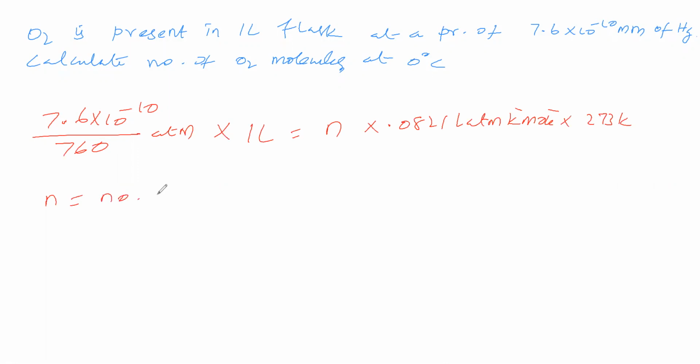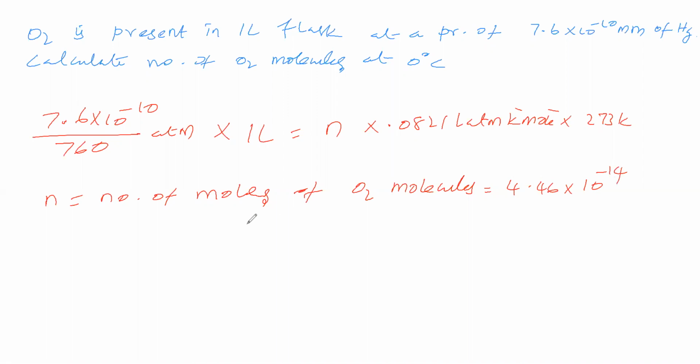n is the number of moles of oxygen molecules. We got the number of moles of oxygen molecules as 4.46 into 10 to the power of minus 14. Okay, we calculated the number of moles.